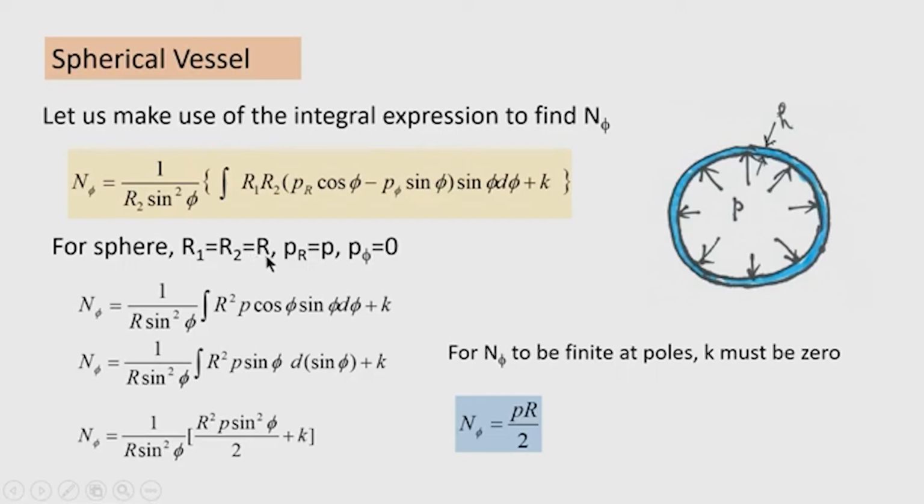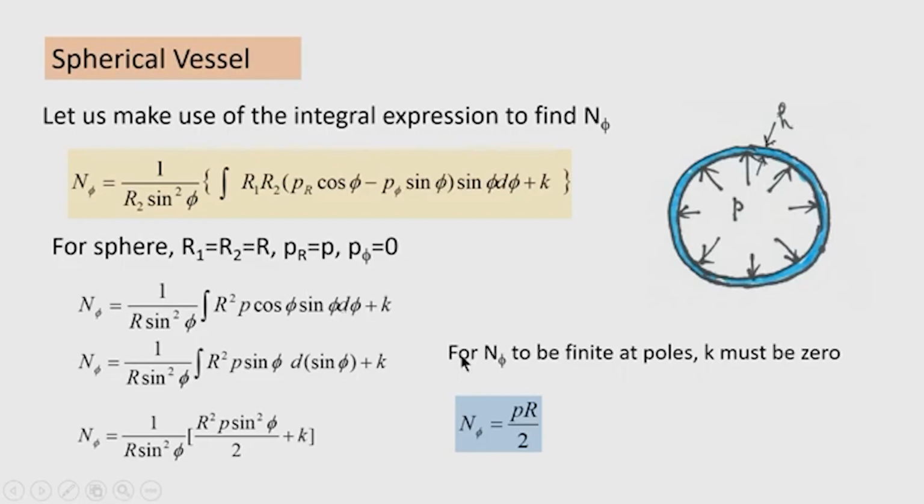The radius of the sphere in this problem is taken as r. p r, the radial pressure acting on the wall, is the internal pressure P, and p phi, the pressure along the meridional direction, is 0. So, that quantity we know. This integral now becomes N phi equals 1 by r sin square phi, integration of r square p cos phi sin phi d phi, plus k.